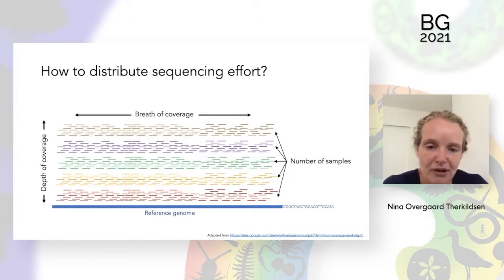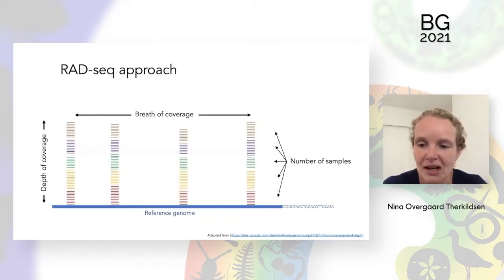So especially for non-model organisms, a typical approach has been to prioritize deep sequencing in a large number of individuals for a small randomly selected part of the genome. And that's a very powerful approach for, in a cheap way, getting high quality genotype data distributed genome-wide.